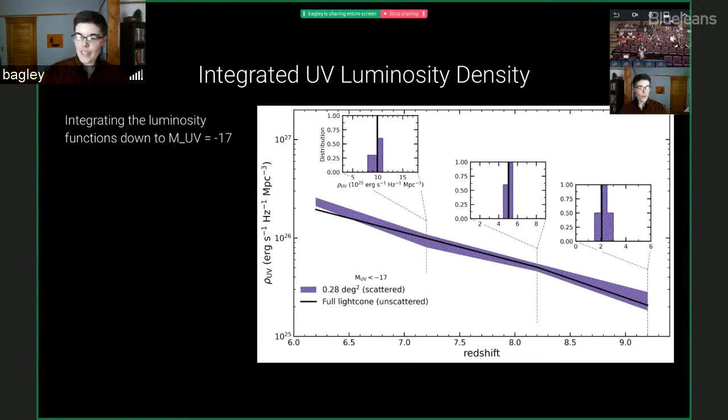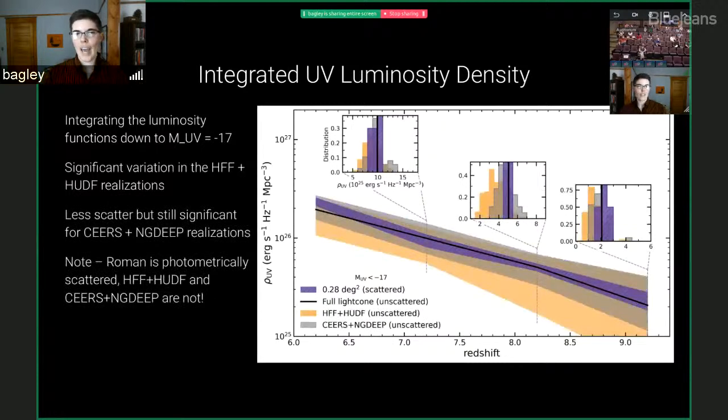Well, what we can see if we look at what we would get with synthetic JWST observations is that even SEARS and NGDEEP together are still just one realization, one observation of a single, well, SEARS plus, because we're stitching together the two magnitude ranges to get the full dynamic range, but it's still just one pointing.